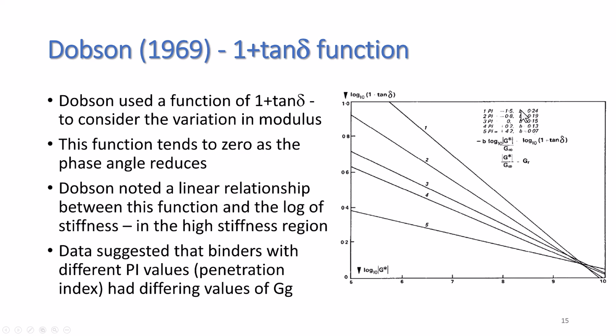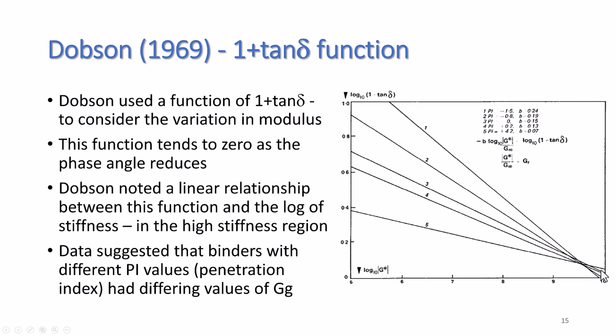Now, if you look here, you've got different penetration indexes going from minus 1.5 to 4.2. So this would be the minus 1.5 and this would be the 4.2. So we would generally say that this might be representing less oxidation or lower asphaltenes. This might be more oxidation or a higher asphaltene content binder.